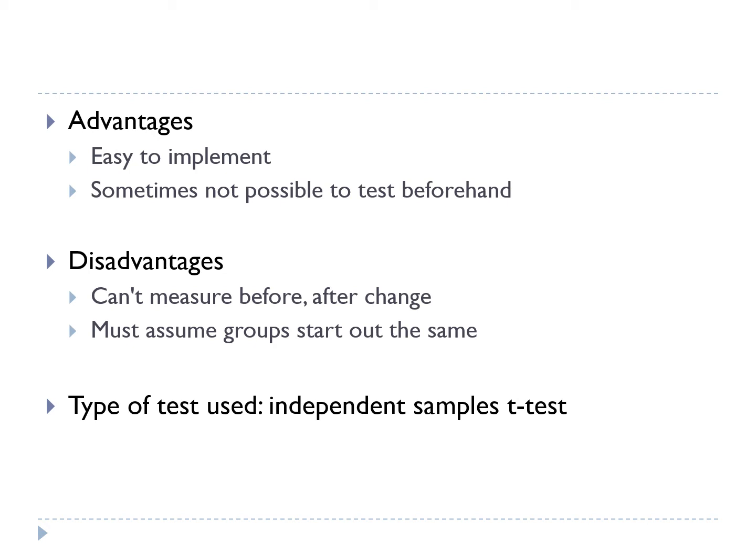Now, because we're using 2 separate groups of people, and there are just 2 groups, we would be using an independent samples t-test to test the difference between group 1 and group 2 on their level of stress. Hopefully, you remember independent samples t-test from statistics. I just wanted to bring that up again in terms of the type of test that you'd be using.